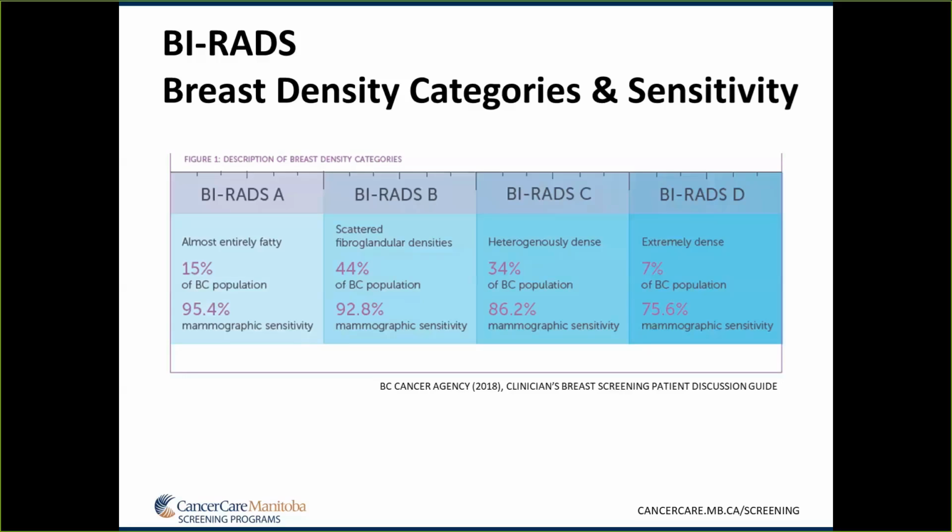Starting in category C, which is the heterogeneously dense, 34% of the population is categorized as C, and sensitivity starts to decrease a little more rapidly, now being 86%. In their extremely dense category, 7% of the population was included, and approximately 75% mammographic sensitivity of detection.